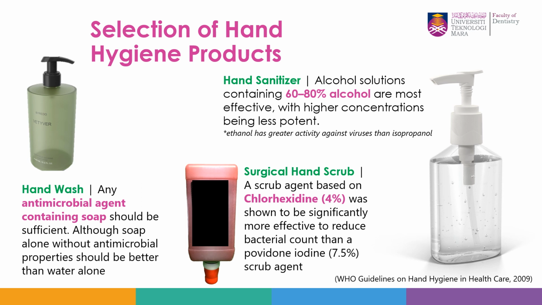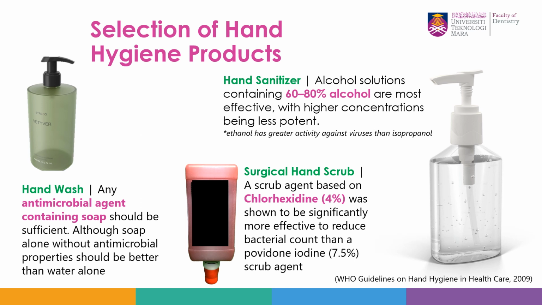Ethanol has been said to have a greater activity against viruses compared to isopropanol, which is used in some hand sanitizers. And the third one is surgical hand scrub, which is a scrub agent used when going for surgical procedures in the operating theaters or in the surgical room.